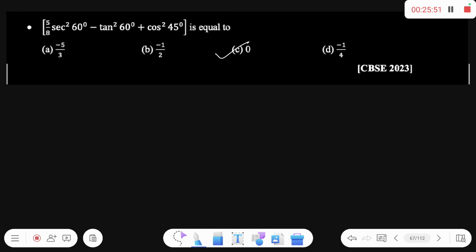If you ask me, tan 60, it is root 3 whole square, and this is (1 by root 2) whole square.